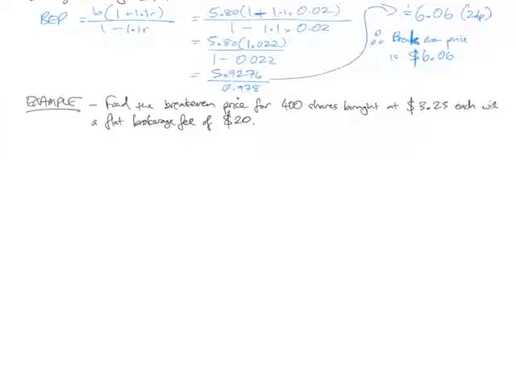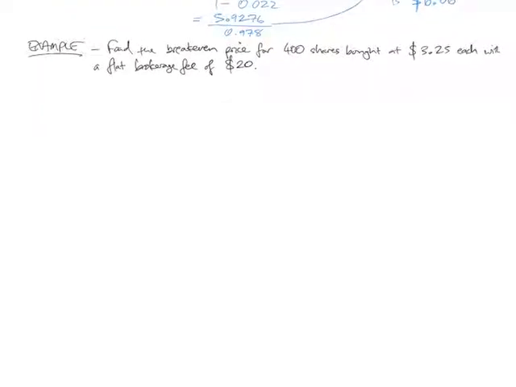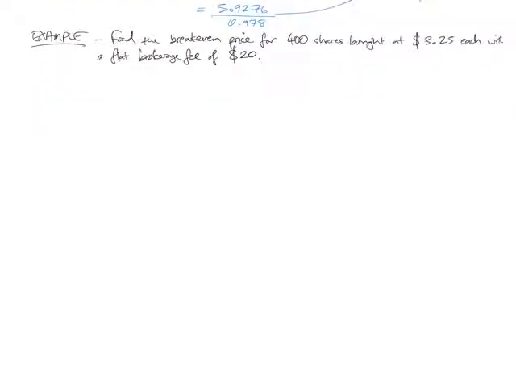Let's do another example where the break-even price is being calculated for a flat brokerage fee. So the break-even price for 400 shares bought at $3.25 each and a flat brokerage fee of $20. The break-even price is a simpler formula this time: 2.2F over N plus B. We need to fill in the unknowns.